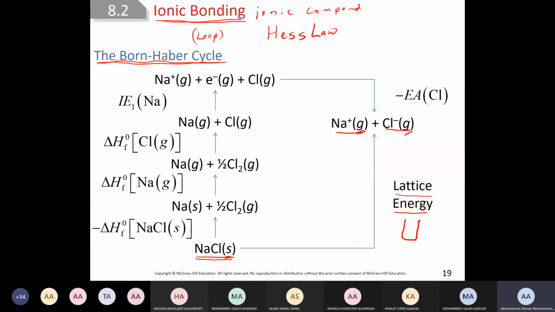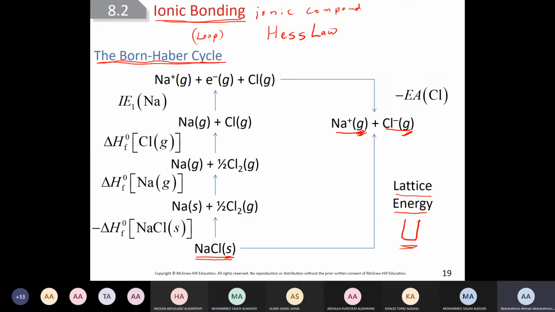What did we do here? We took NaCl into what? Into Na gas and Cl gas. So what do we call this energy? Lattice energy. Good.